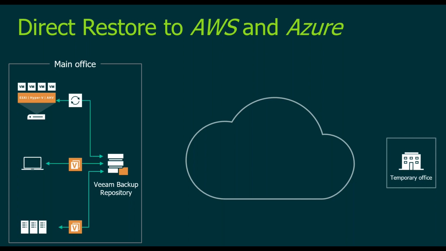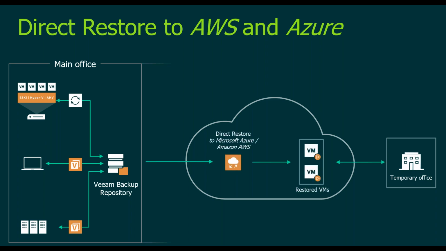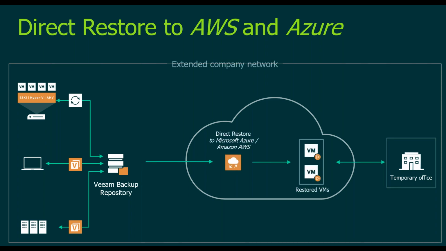Here we can say that with Veeam, different solutions, Veeam Backup for VMware, Hyper-V, and Veeam Agent for Linux and Windows, for servers and workstations, are able to back up directly to Azure and are especially able to restore directly to Azure and Amazon.